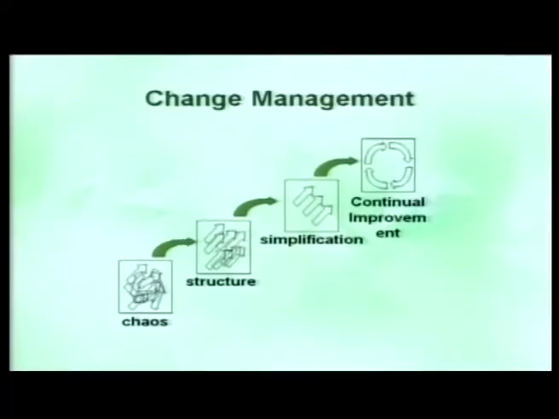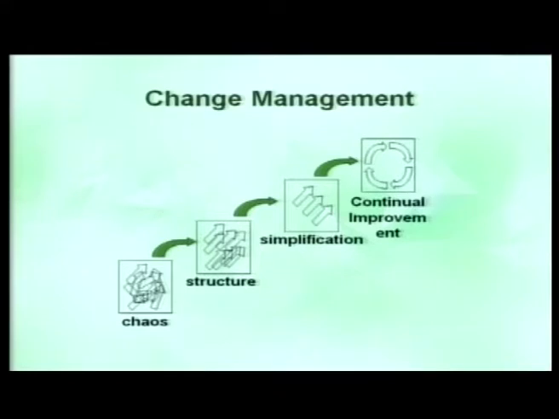Once you implement a particular management system, there is a change from chaos to a more structured system, so that everybody knows where they have to go. Everybody is aligned to one direction. The next stage in improving this structure is simplification. That means now you know what all is to be done, and everybody is going in the same direction.